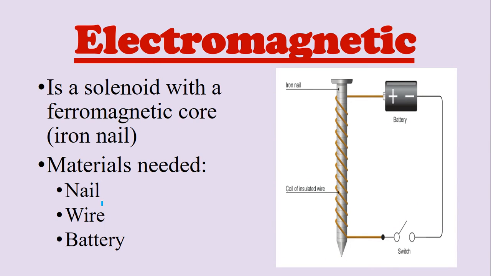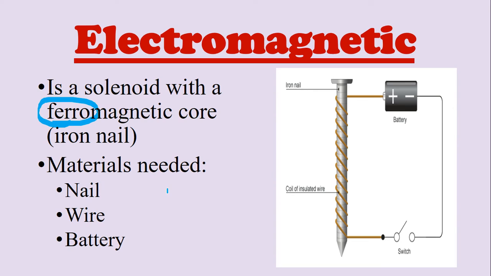You can also use electricity to make a magnet, and that is called an electromagnet. This is when you have a solenoid, which is looped wire around a ferromagnetic core. Ferro means iron, so around an iron core. You usually use an iron nail.